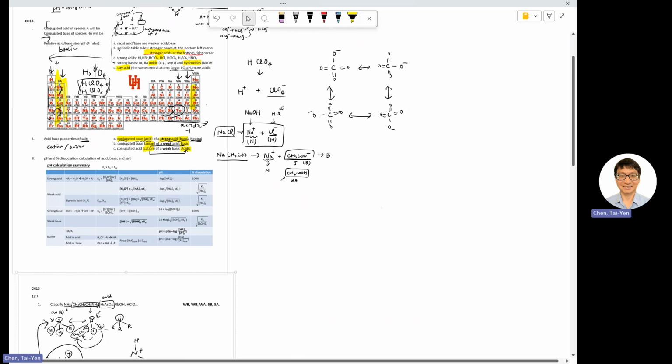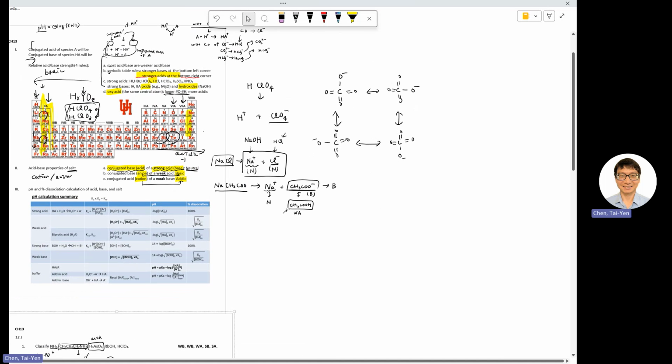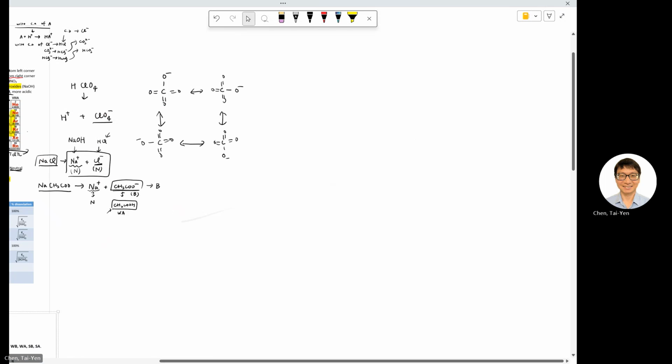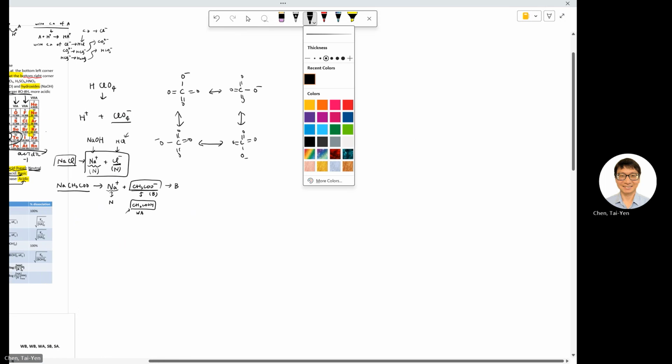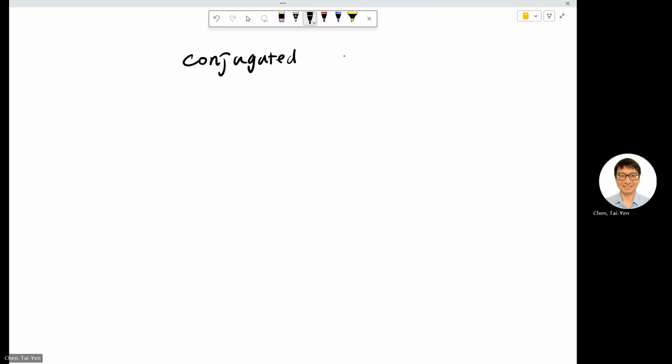If not, let's review a few simple concepts that we went through last time. Last time, the first concept we introduced is the conjugate acid-base pair.